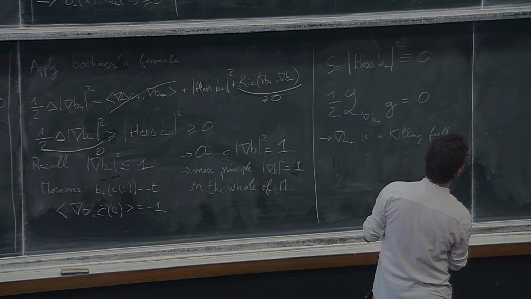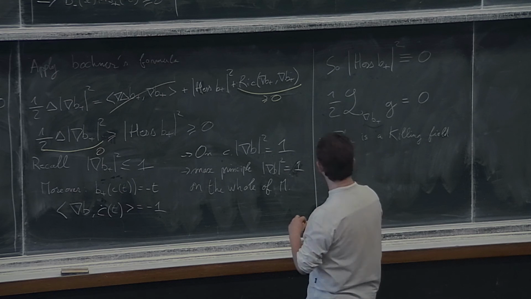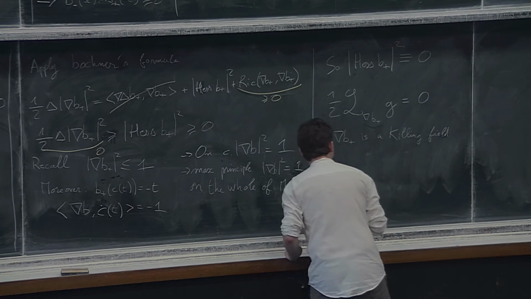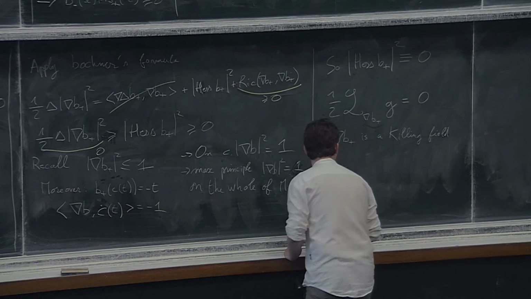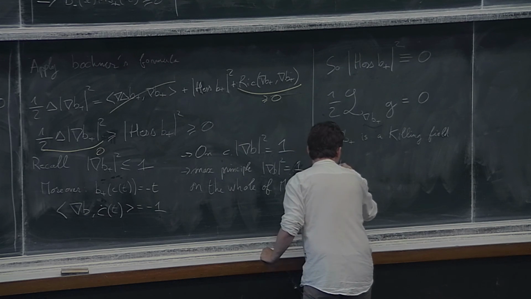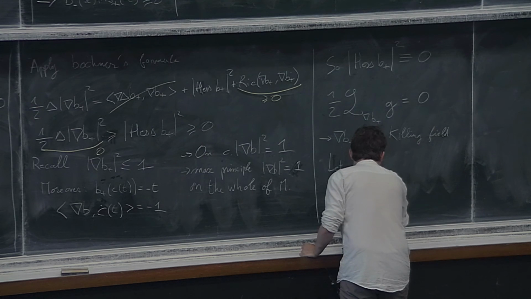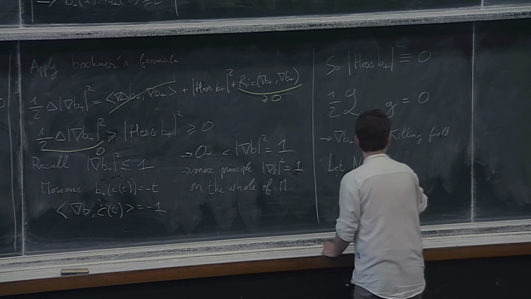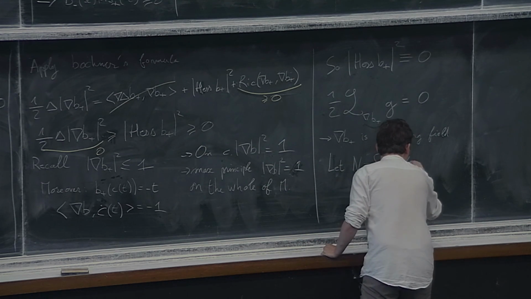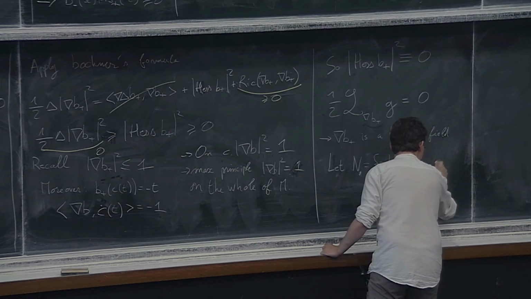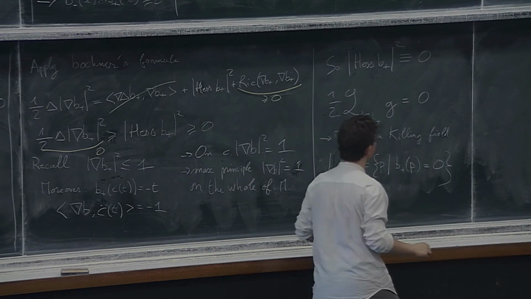Actually, if my geodesic is defined starting at 0, I could take b of 0, that makes sense. So let N_0 be the set of p such that b plus of p is equal to 0. So I have my N here.